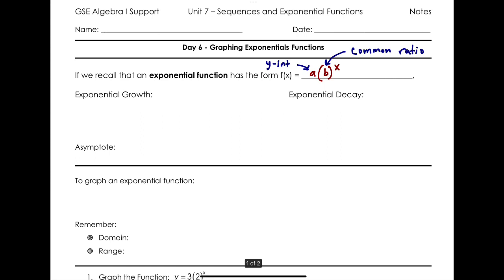So remember, when we talked about exponential growth, we said that b is greater than 1.